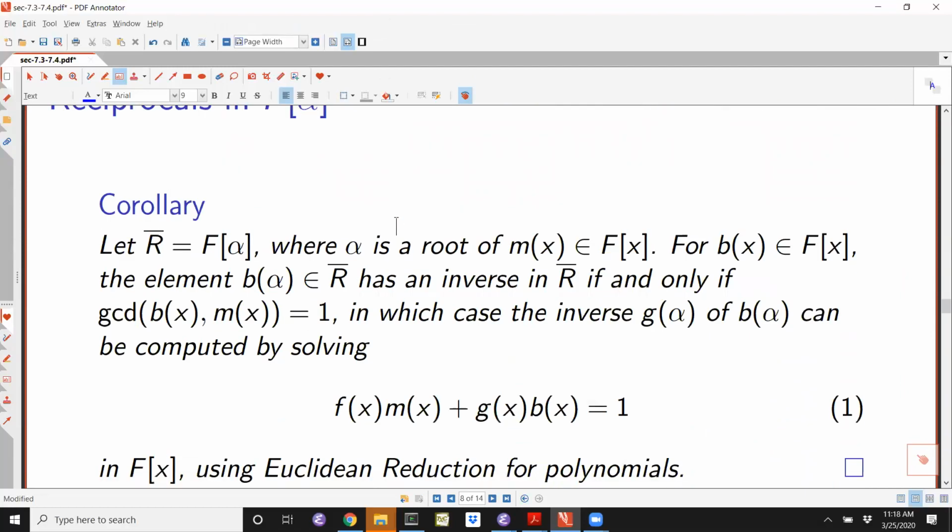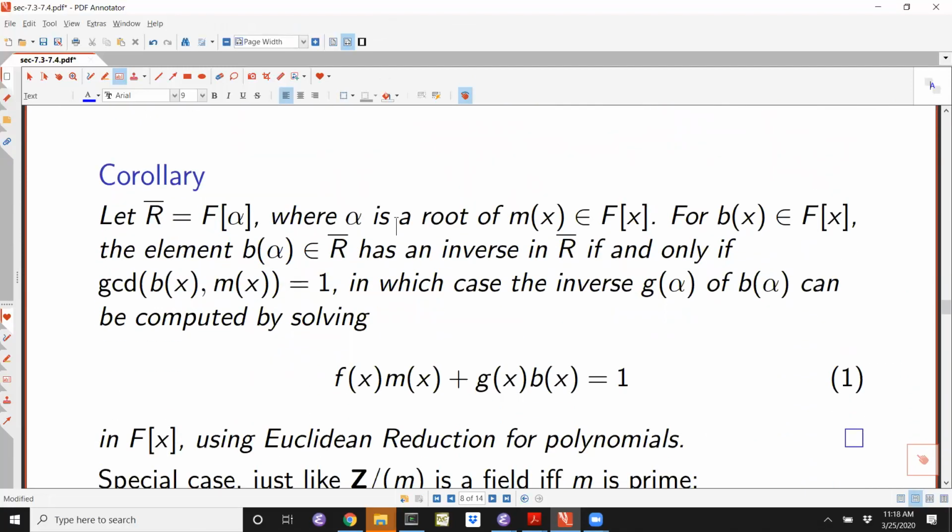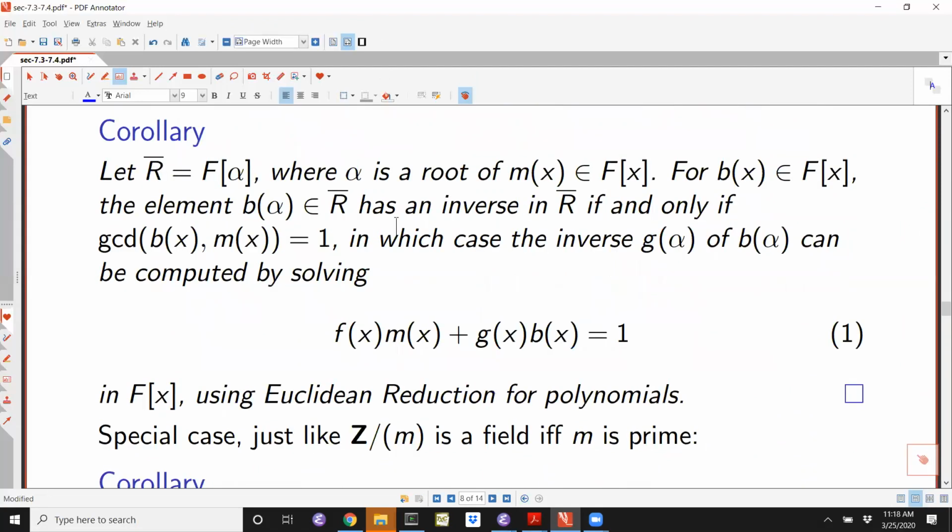Why is this... I forget what this is the corollary of. Anyway, this is essentially a corollary of the stuff we did about the Euclidean algorithm before. If we're working in F adjoin alpha, where alpha is a root of m of x, let me be careful about b of x versus b of alpha.